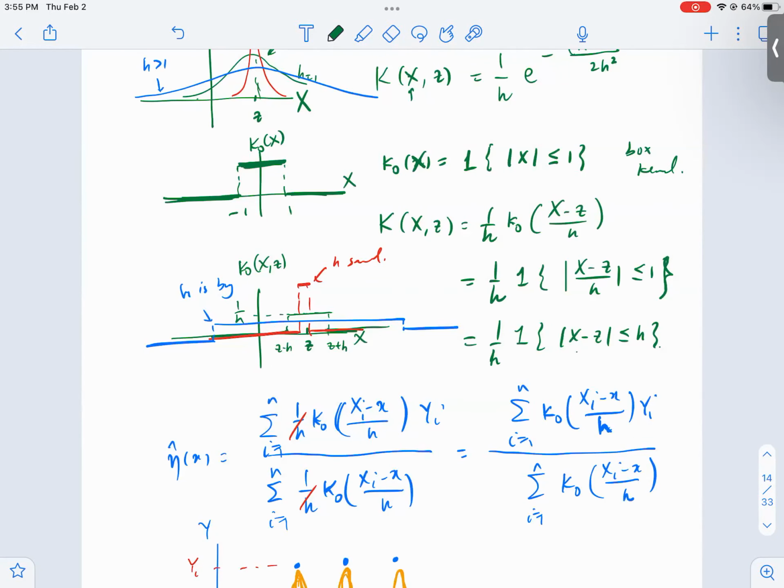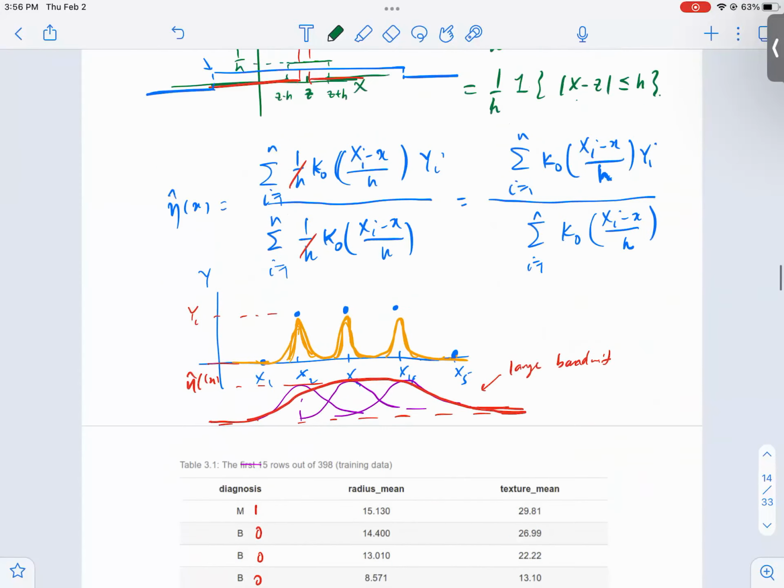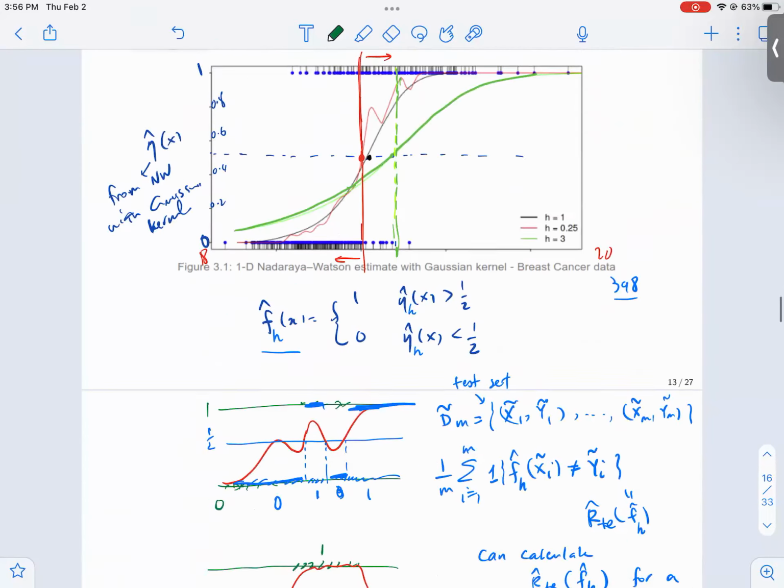The box kernel is doing something similar, but the intervals are centered around the training data points. They're not fixed ahead of time. I'm fixing things ahead of time for the partitioning. So this H behaves like a bandwidth.